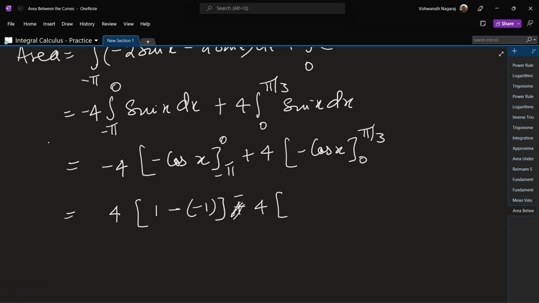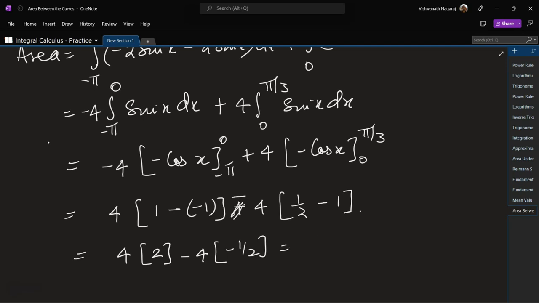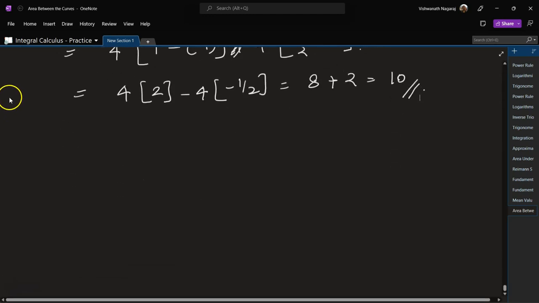Cos pi by 3 is 1 by 2, and here we have taken the minus out, so this will be minus and this will be 1. So what do we have? 4 times 2 minus 4 times minus half, which gives us 8 plus 2, which is 10 square units. Okay, 17th one.